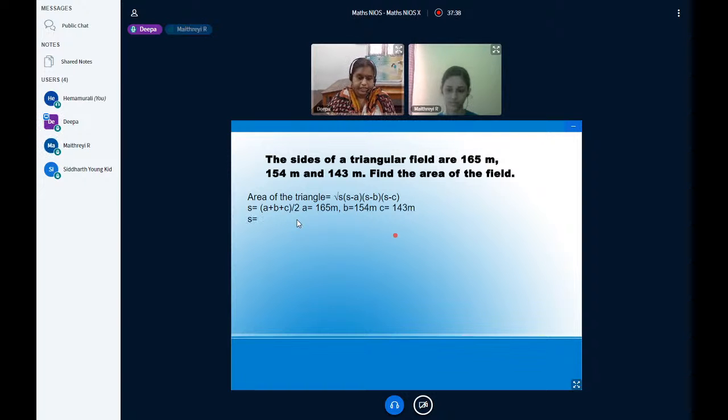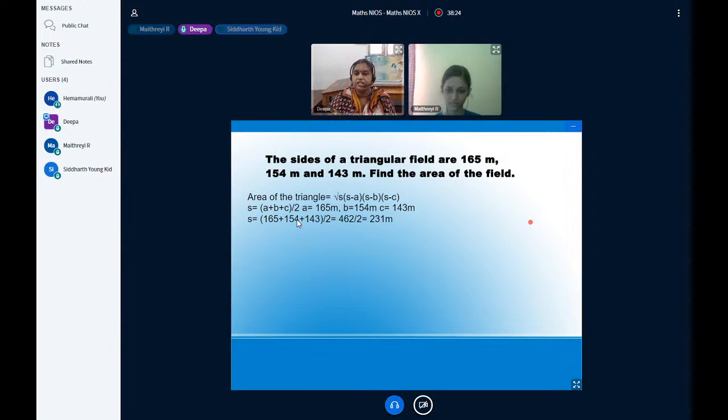S is equal to 165 plus 154 plus 143 divided by 2. Add it and tell me. 462. S is equal to 462 by 2, which is 231 meter.